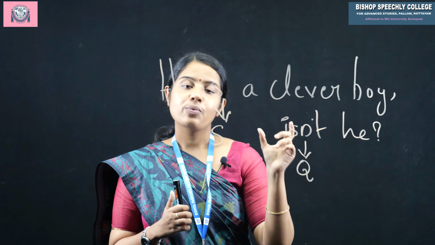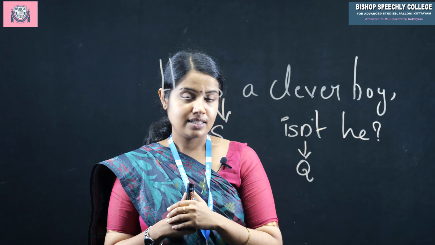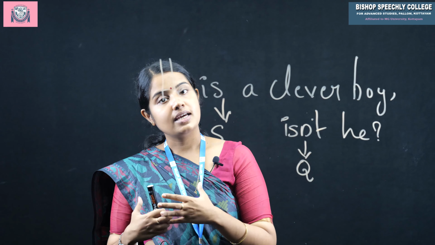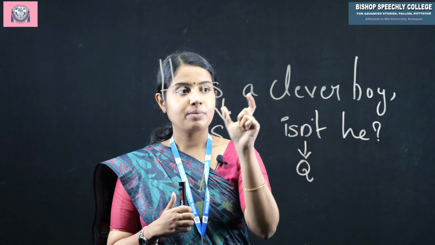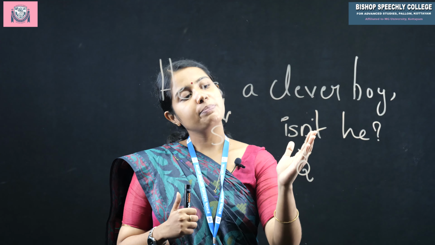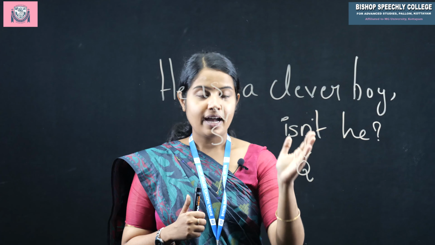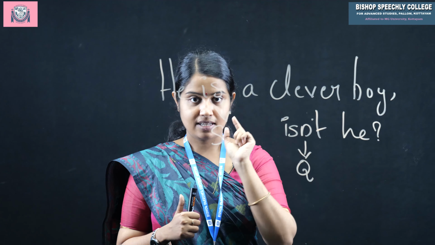Okay, so we use a question tag basically to get confirmation from our listener on whether what we are saying is right or wrong. So when I add a question like this to my statement, the person to whom I am talking will reply either yes or no. And if he or she replies yes, that means that my statement is correct.